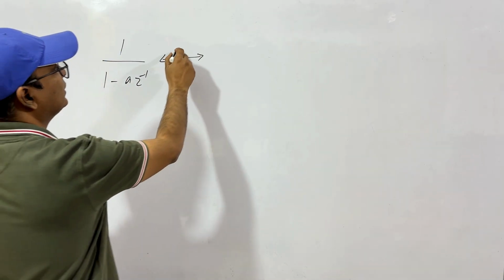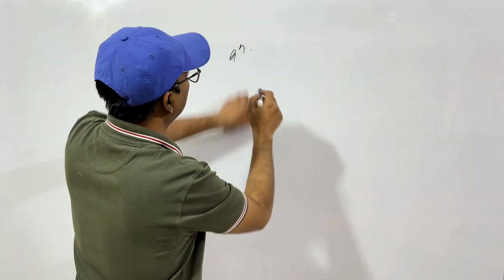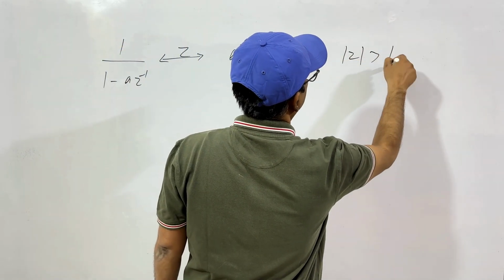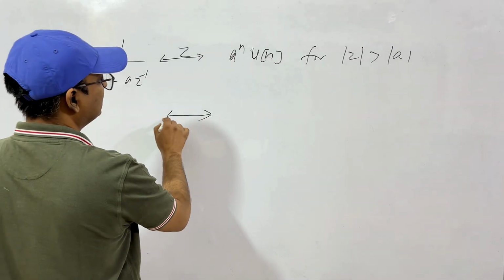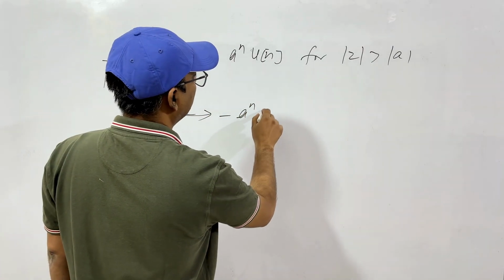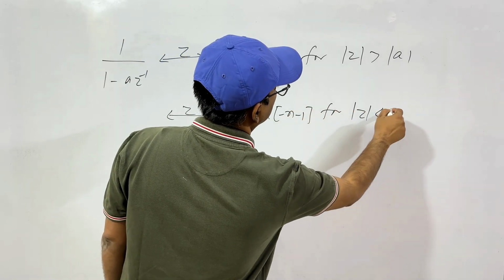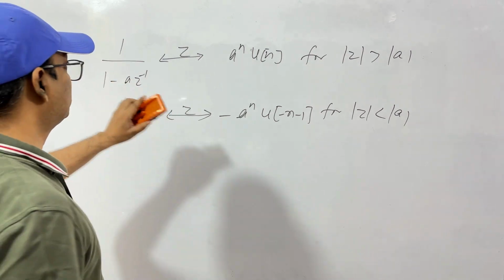The inverse z transform, I have told you, is a to the power n u[n] for |z| greater than |a|, when the region of convergence is this, and it is minus a to the power n u[−n−1] for |z| less than |a|. This we know. Let's solve it by the power series method.